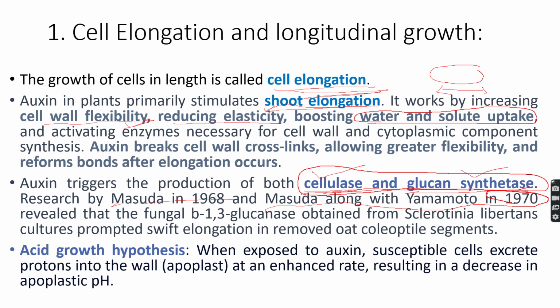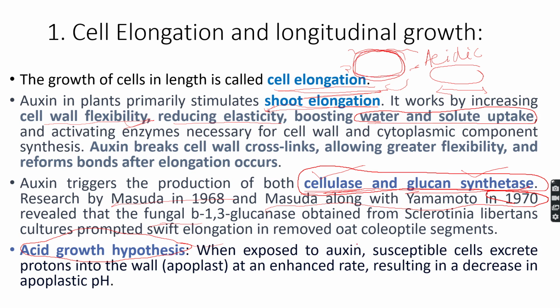Now another question is, how is auxin responsible for this cell elongation? The theory behind this is the acid growth hypothesis. According to the acid growth hypothesis, if the surrounding of a cell is acidic, then it will loosen the cell wall.